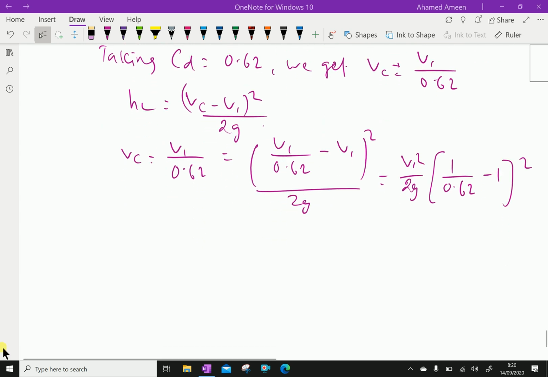Therefore, by calculation, 1 over 0.62 minus 1 whole square is equal to 0.375, so hL is 0.375 V1 squared by 2g.